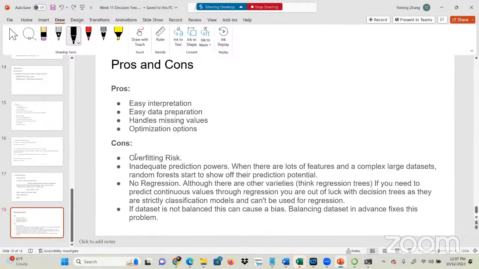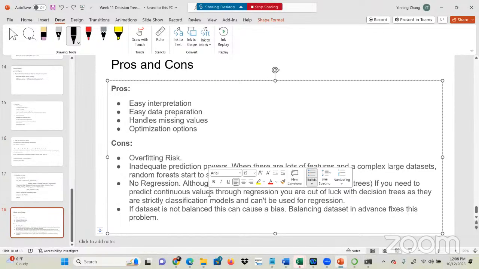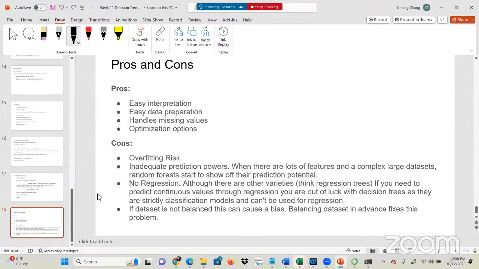If your tree is too big, it may result in overfitting and it may use too much computation power when you have a lot of features in a large data set. Okay? And it's very good for categorical features.